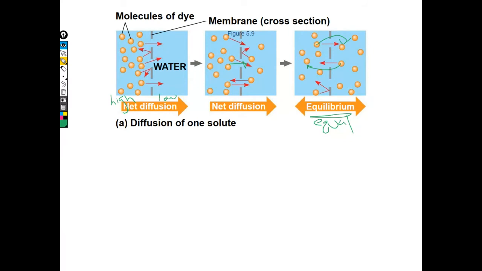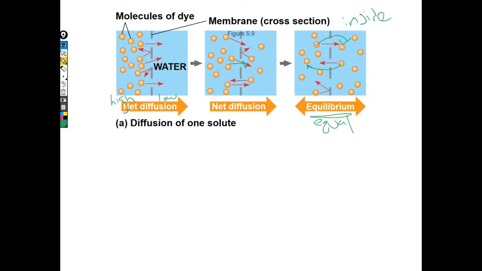We'll see this a little bit later on. What you will find is not only would these things not be exchanging, but whatever is inside the cell would eventually get used up.